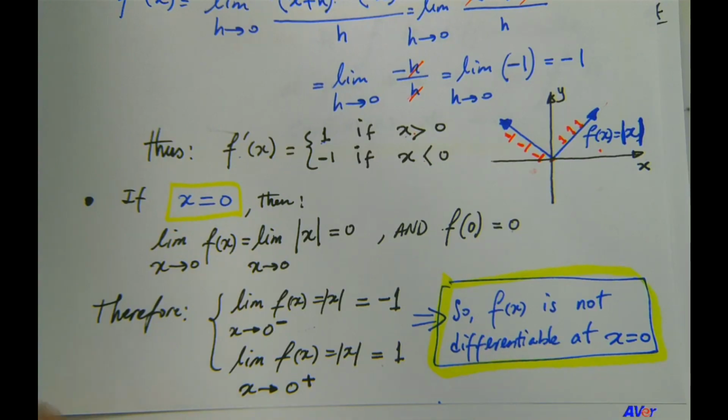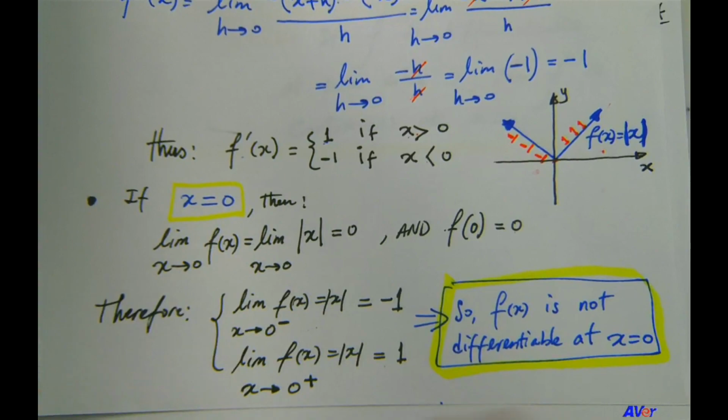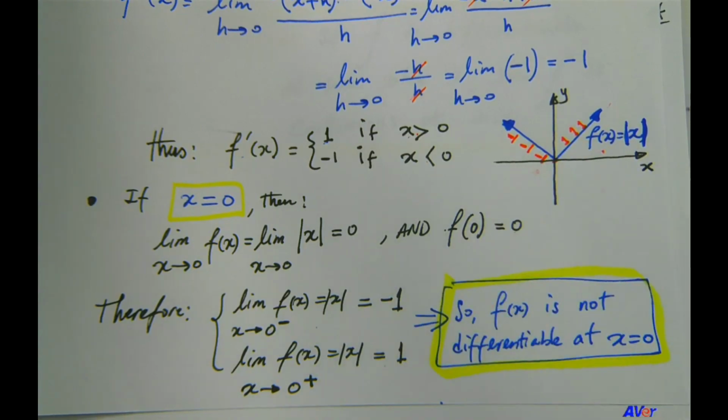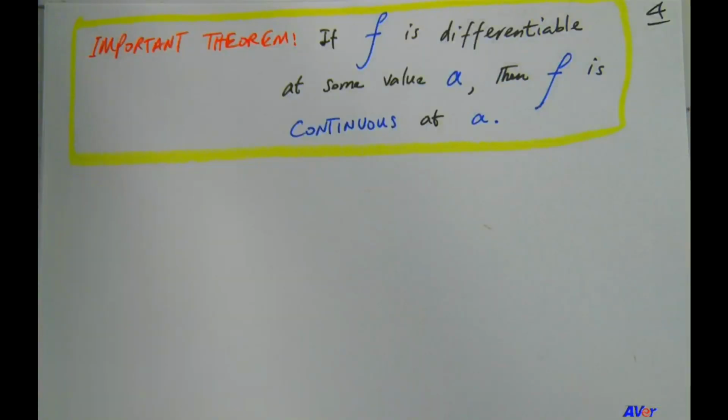In terms of continuity, which is the next topic for us, we're kind of merging into that. It means that this function is not continuous at x equals 0, because it's not differentiable at x equals 0. Okay, so that's one thing.